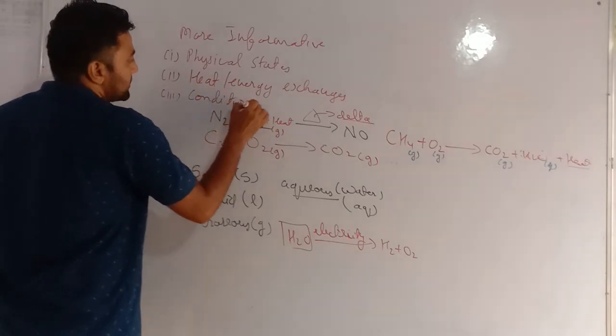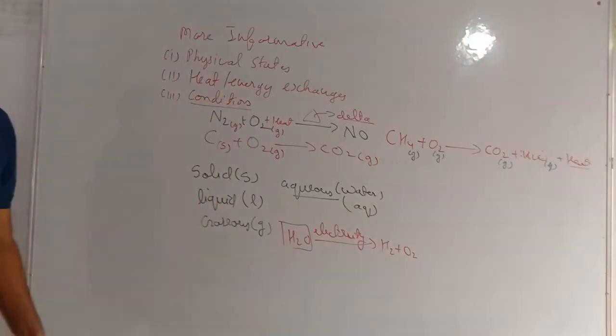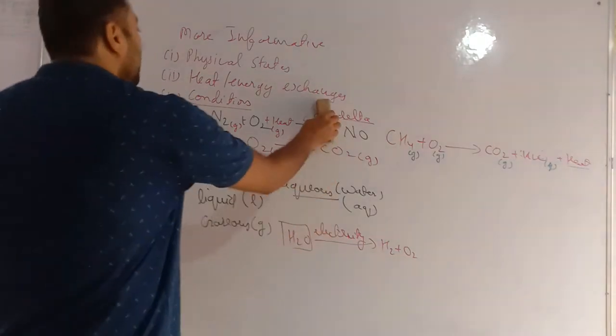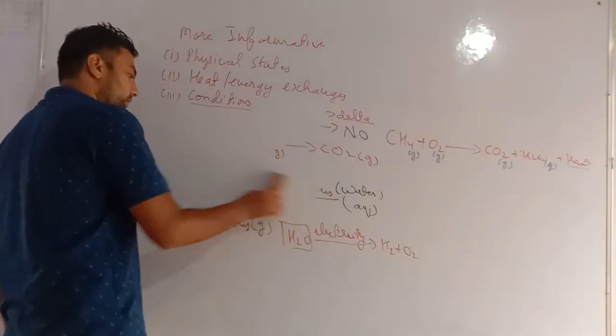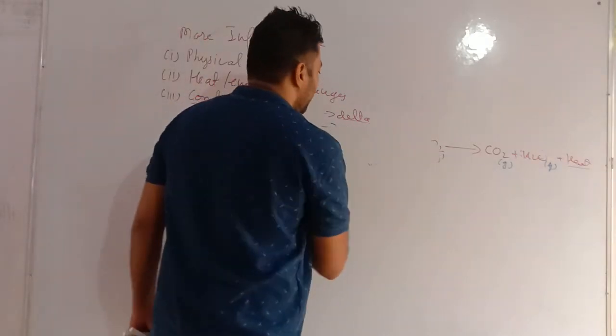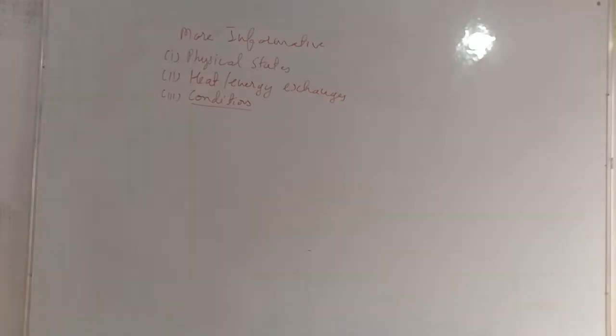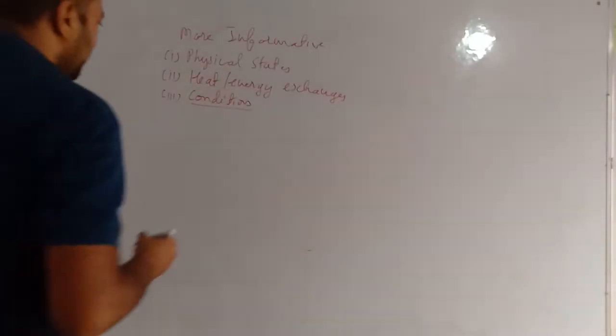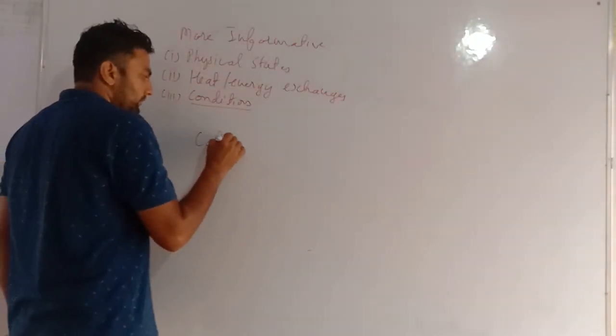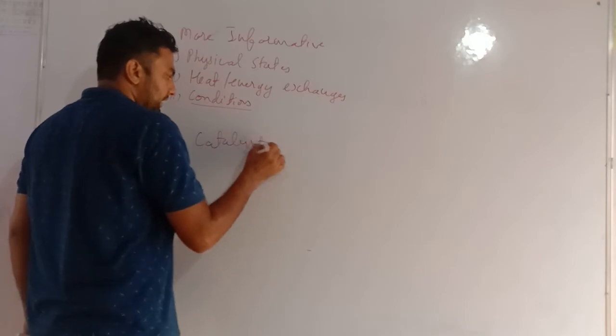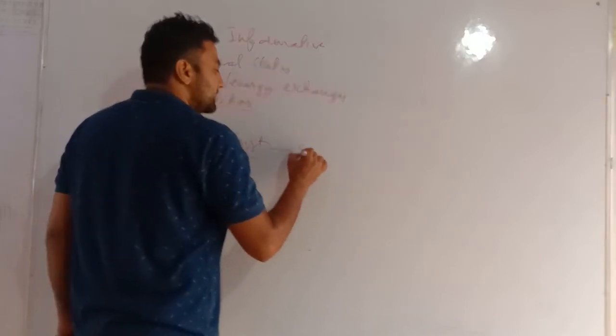Conditions. See, my dear students, many chemical equations or reactions will not take place until and unless they are given certain conditions or they are given any catalyst. First of all, we need to see what is a catalyst. Catalyst is such a substance.